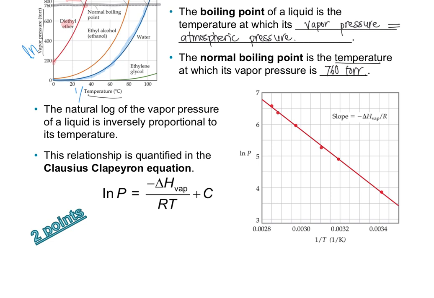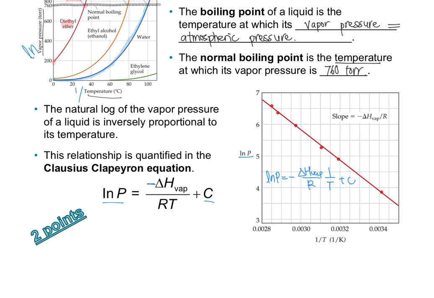What they get is that the natural log of the pressure is equal to negative enthalpy of vaporization divided by RT plus a constant. I like to write this more like ln P equals negative ΔH_vap over R times 1 over T plus a constant.